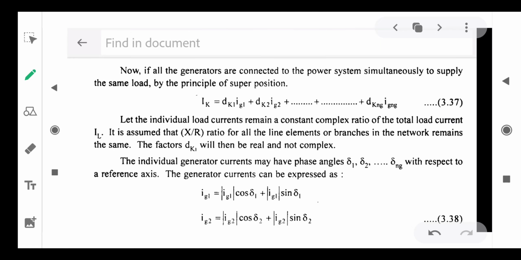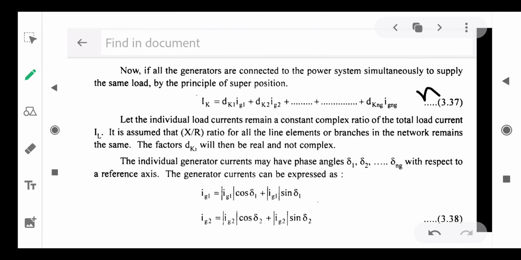So the Ik is expressed in terms of generator currents Ig1, Ig2 and up to Ign. Here Ng is the number of generators, or you can also use n number of generators, Ign only here.